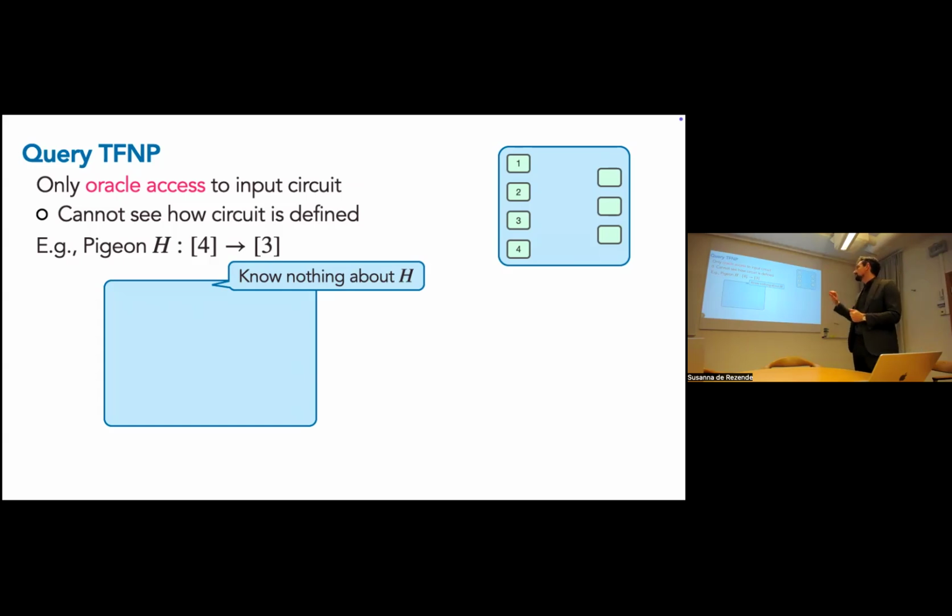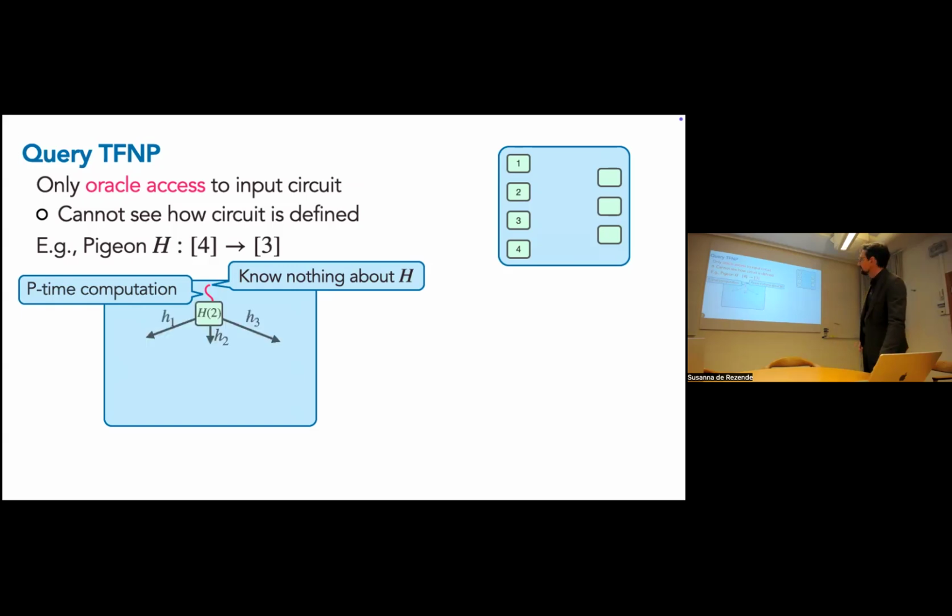So let's fix an instance of the pigeon problem, 4 pigeons. And initially, you know nothing about the problem. Then your Turing machine can do some polytime computation. It still knows nothing about the input, hasn't queried H. And then maybe it does a query to H. So it asks, where does pigeon 2 fly?